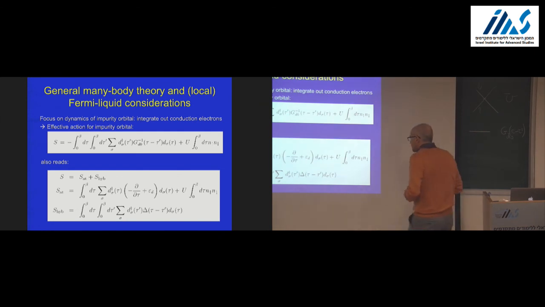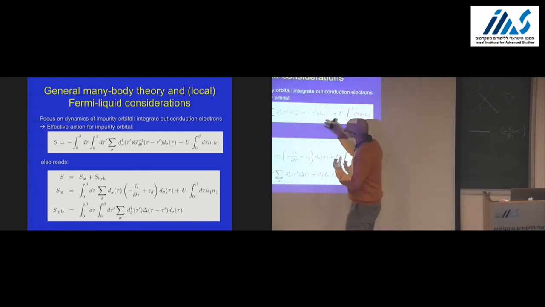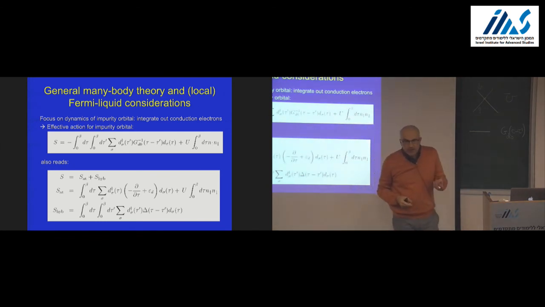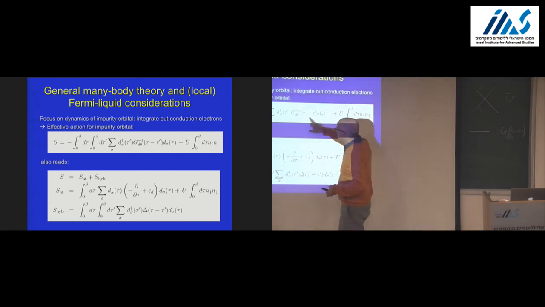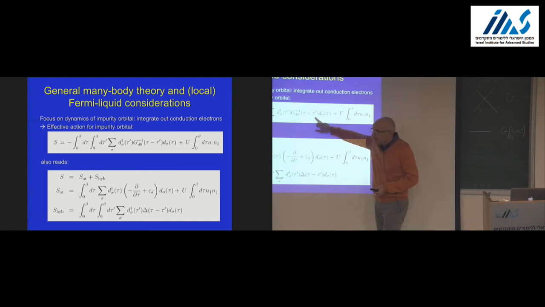In particular, when you work out what will control the way that interactions modify the Green's function or the single electron propagator, actually at low frequency, relies only on the way this quantity behaves at large time or low frequency. So how does that guy behave at large time or low frequency?